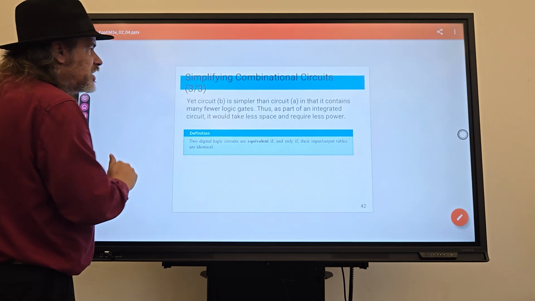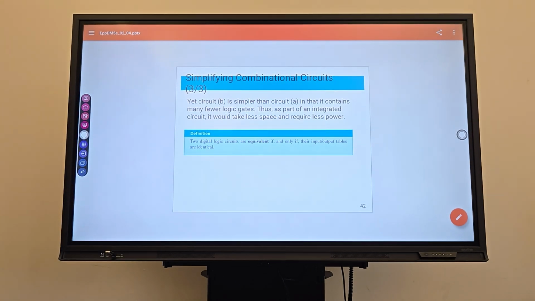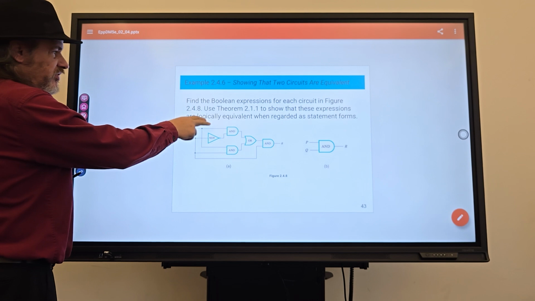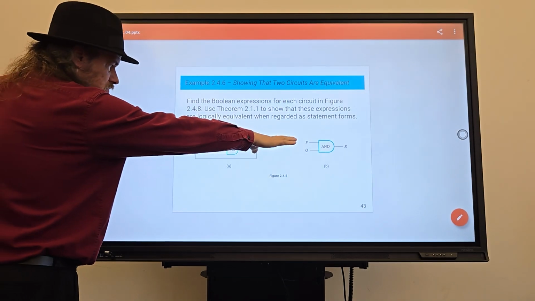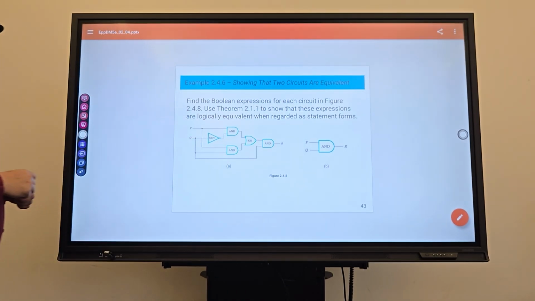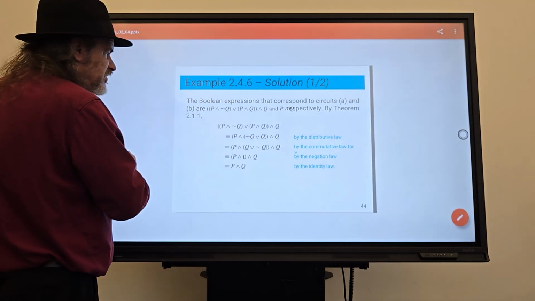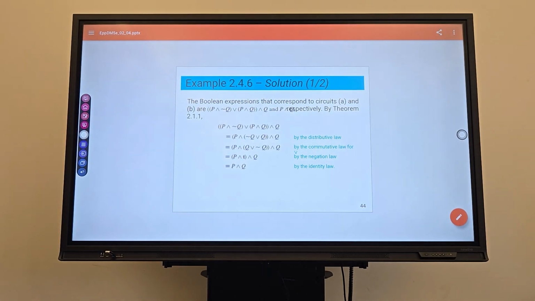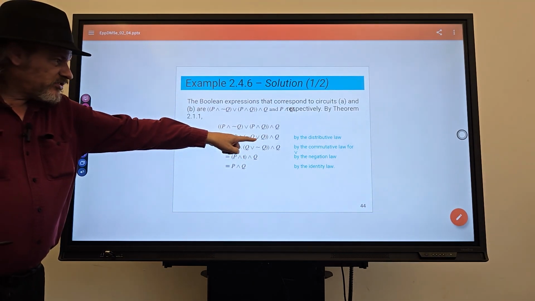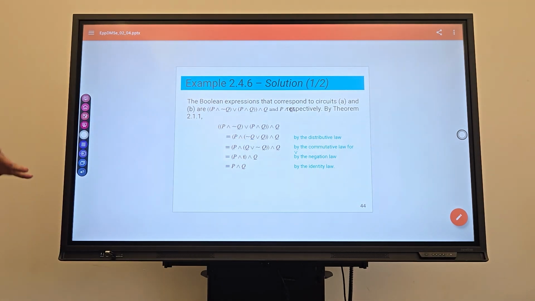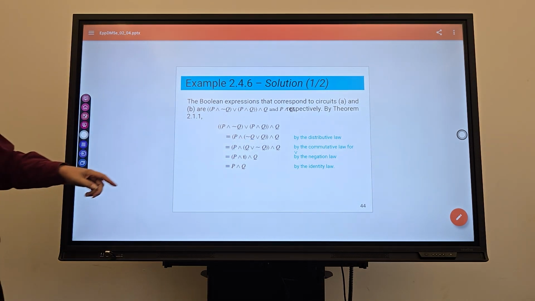But you could use, okay, two logic circuits are equivalent if and only if their input-output tables are identical. You could simplify this circuit into this circuit by finding the Boolean expression and then showing that the expression is logically equivalent. In digital logic, that is called using Boolean algebra, but it's the same principles in the math class environment with different symbols.